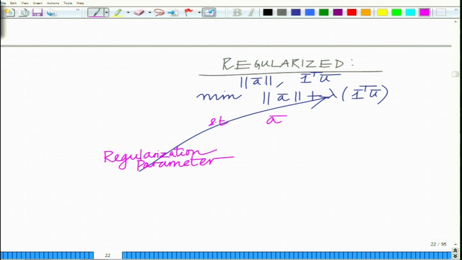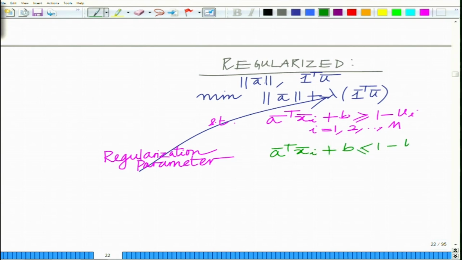Constraints are the same: subject to a bar transpose x bar_i plus b greater than or equal to 1 minus u_i for i equals 1, 2, up to m, a bar transpose x bar_i plus b less than or equal to minus 1 plus u_i for i equals m plus 1 up to m plus n, and u bar is component-wise greater than or equal to 0.